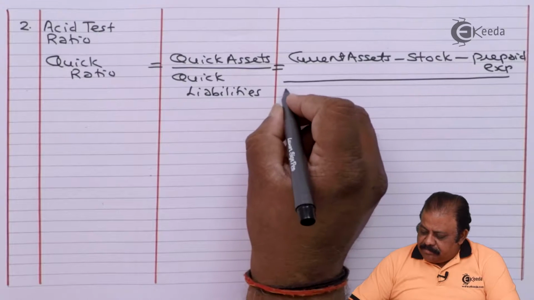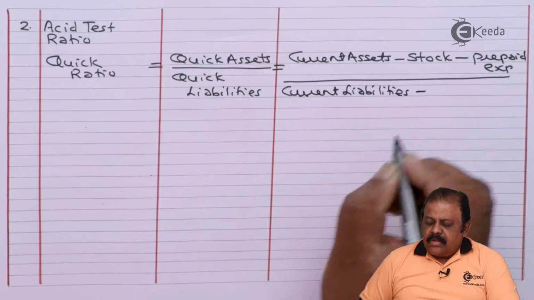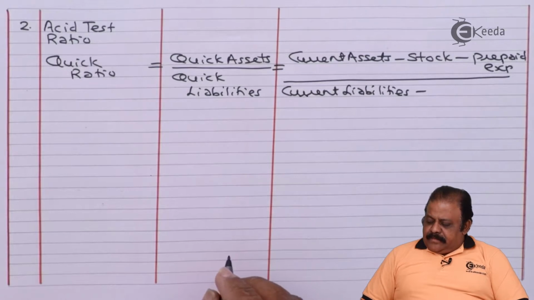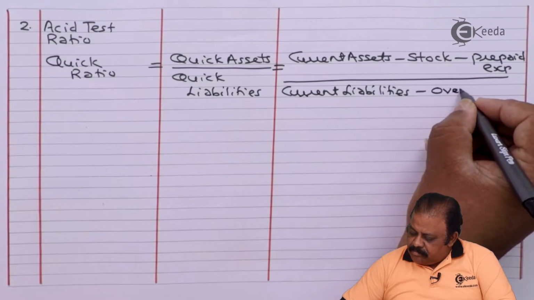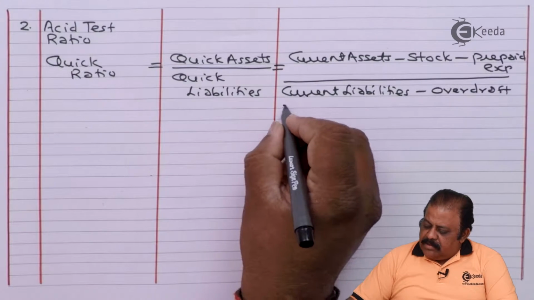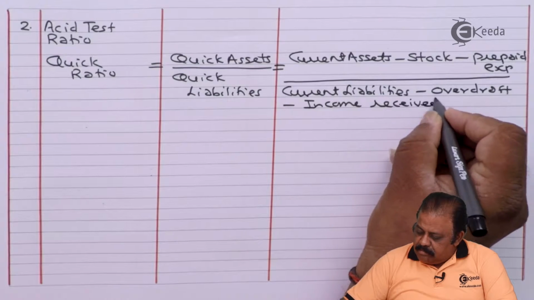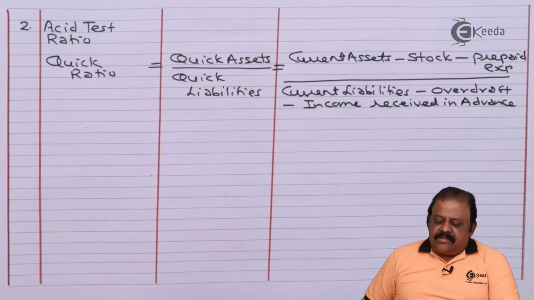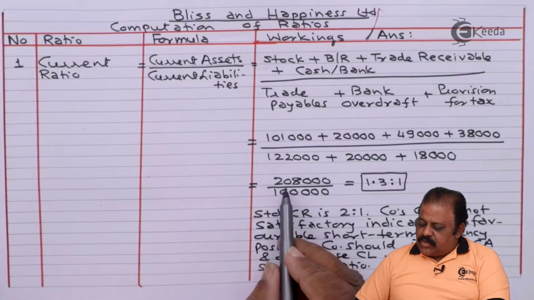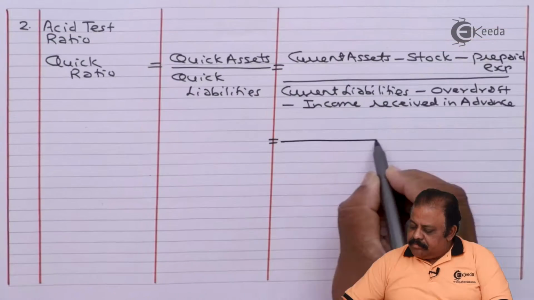Quick liabilities is current liabilities minus overdraft minus income received in advance. Total current assets 2,08,000. Total current liabilities 1,60,000.